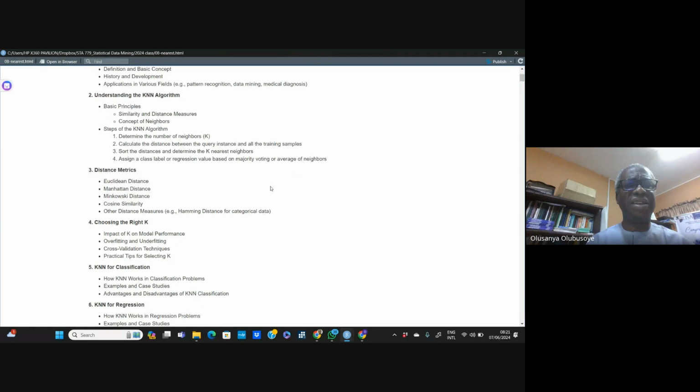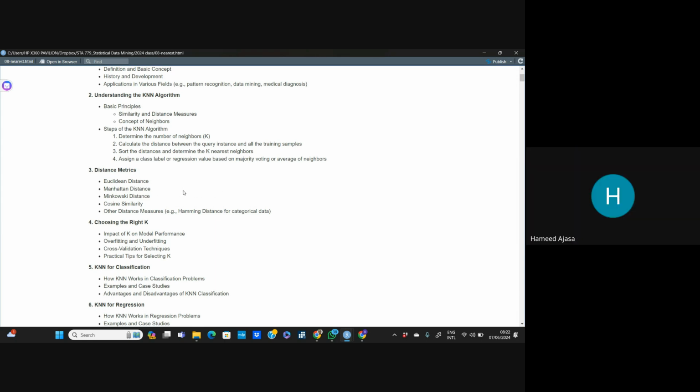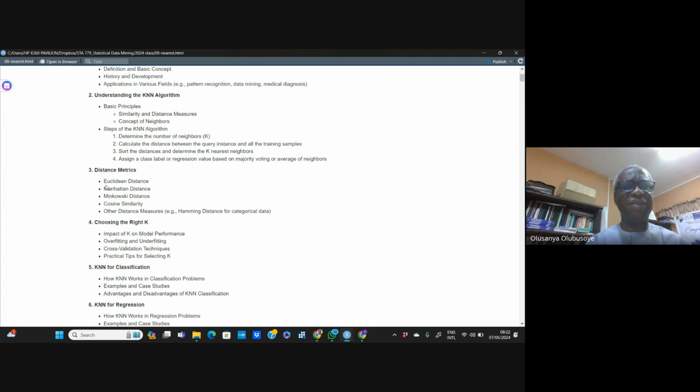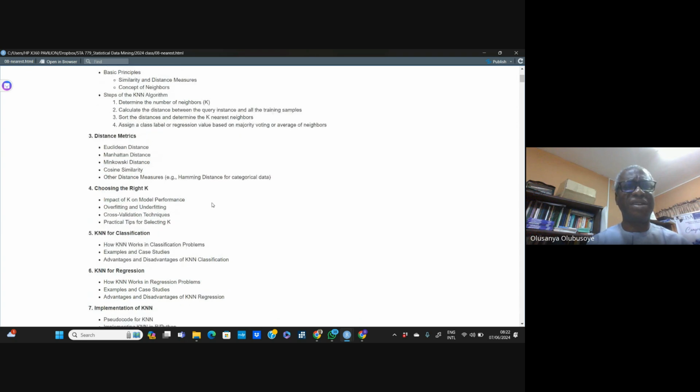And then there are distance measures which are used. Some are popular, some are less popular. But for academic purpose, it's good you have idea about those metrics.